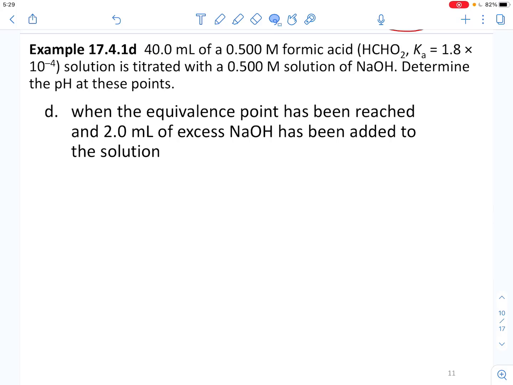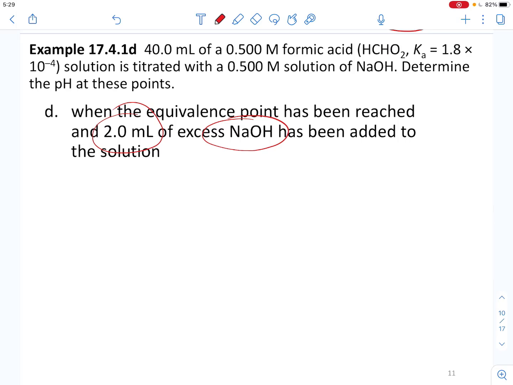Now to calculate the pH past the equivalence point after you add 2 milliliters of the sodium hydroxide, pretty much at that point the sodium hydroxide is controlling the pH. The acid, the buffer, is already gone, it's been destroyed because you have consumed all of the acid from that buffer.